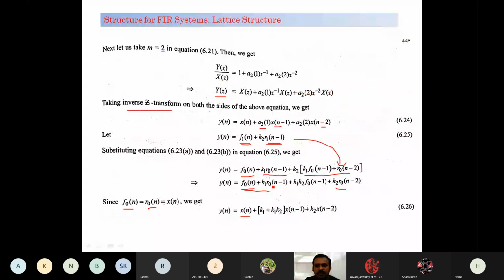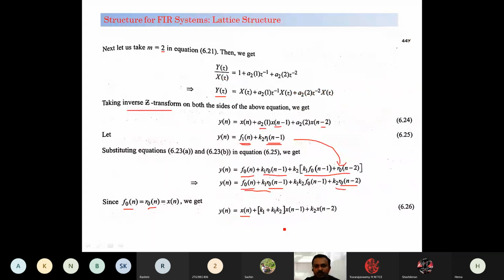You just replace r naught. Okay, r naught of n is x of n, so what is r naught of n minus 1? Obviously, it is x of n minus 1. What about r naught n minus 2? Obviously, it is x of n minus 2. So substituting all those things, we may get the function of output.